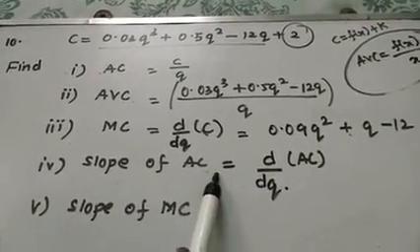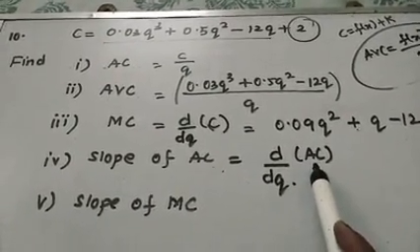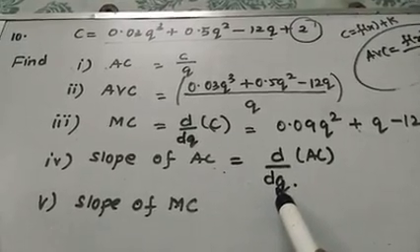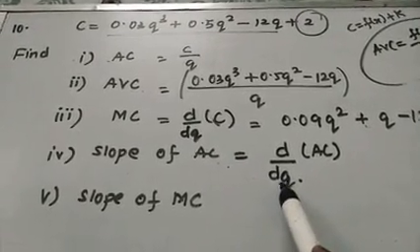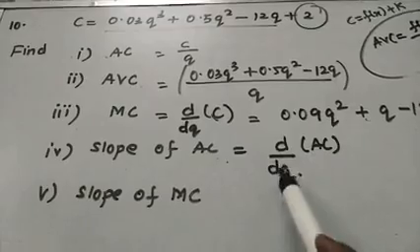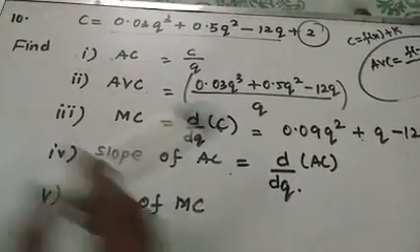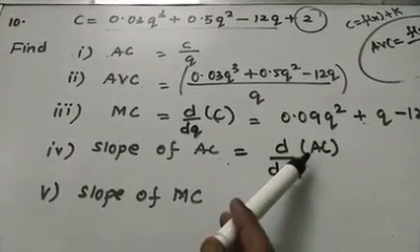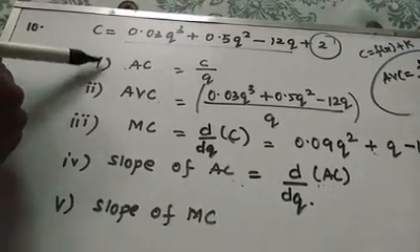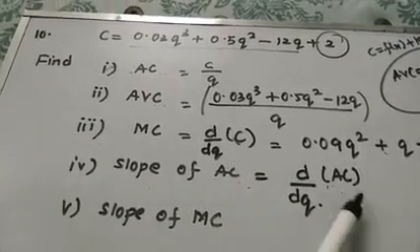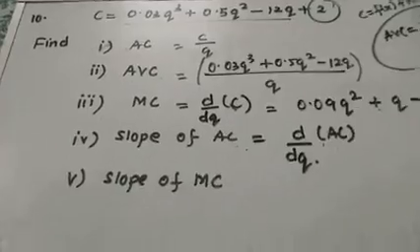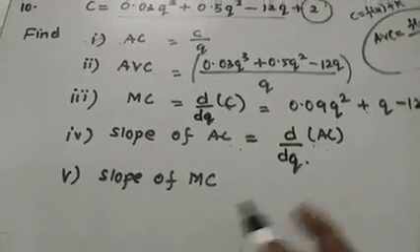Slope of average cost means differentiation of average cost with respect to the output, and here the output is q. The average cost we get from part 1, just put it here, you will get your answer. And finally the last one, slope of marginal cost.